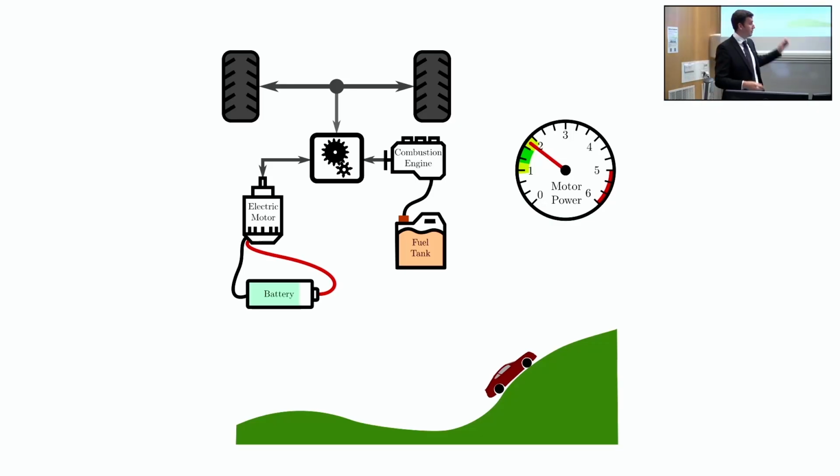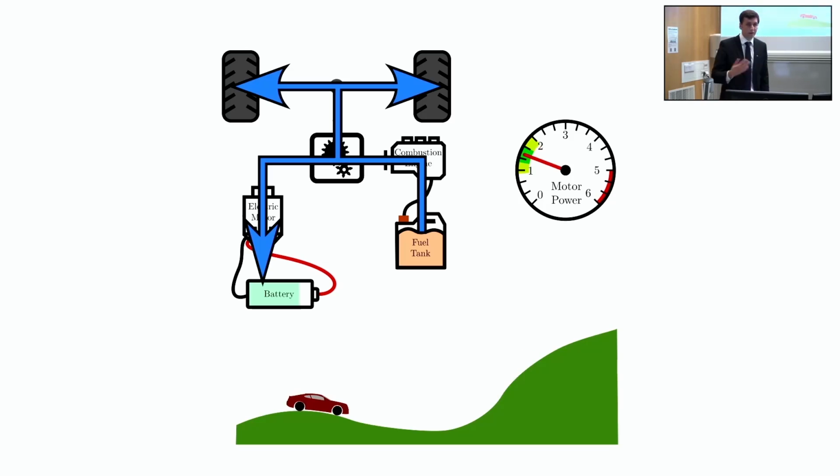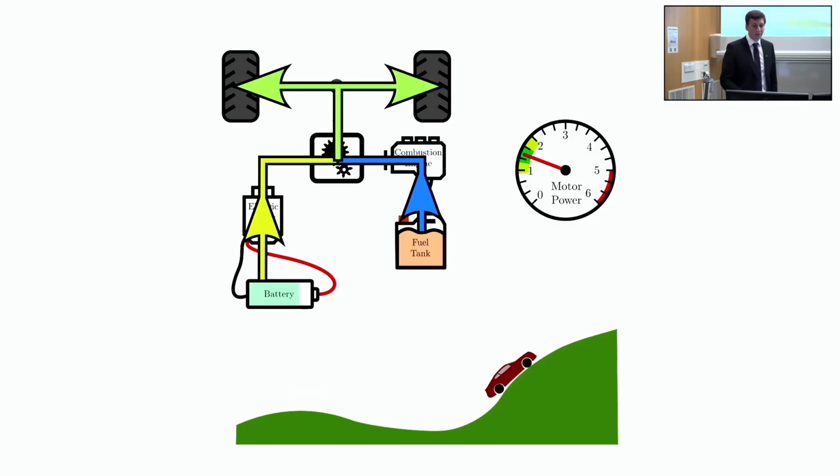And so what we can do with the battery is when we're driving on this flat road, we can run the engine harder, charge up the battery a little bit, and store this energy for use later. So the engine is now operating at its peak efficiency. And then once we get to the hill, we can use the energy in the battery to offload the combustion engine so it can still operate at its peak efficiency. And in that way, we've saved a bit of fuel.